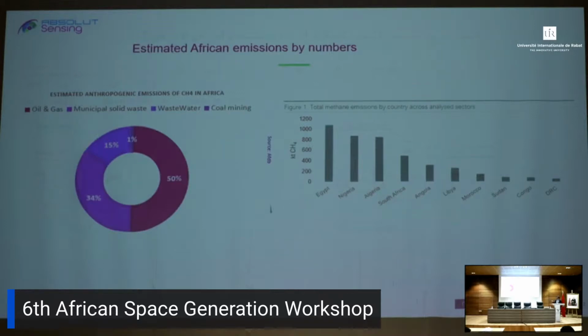Now this has an impact for Africa because Africa is also, because of its economic activities, emitting some methane, primarily, obviously, from the fossil fuel industry. Now, Morocco, you can see, is actually a good actor on the ranking on the right hand side. But we're essentially trying to come up with a system that can help countries, including in Africa, to decrease those numbers.